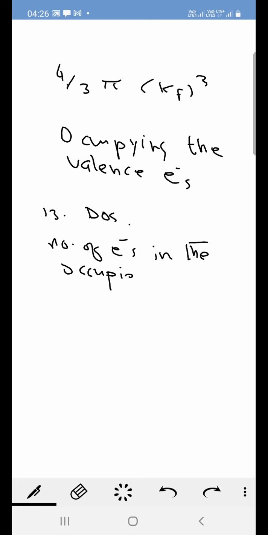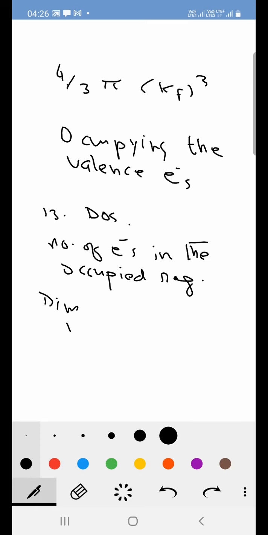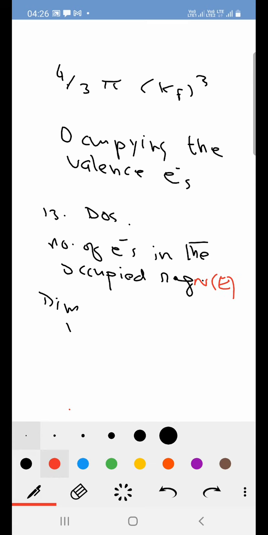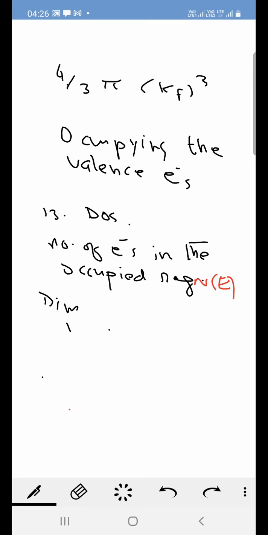So if the dimension is 1, for single dimension, let's call it as Ne. So the dimension is 1.